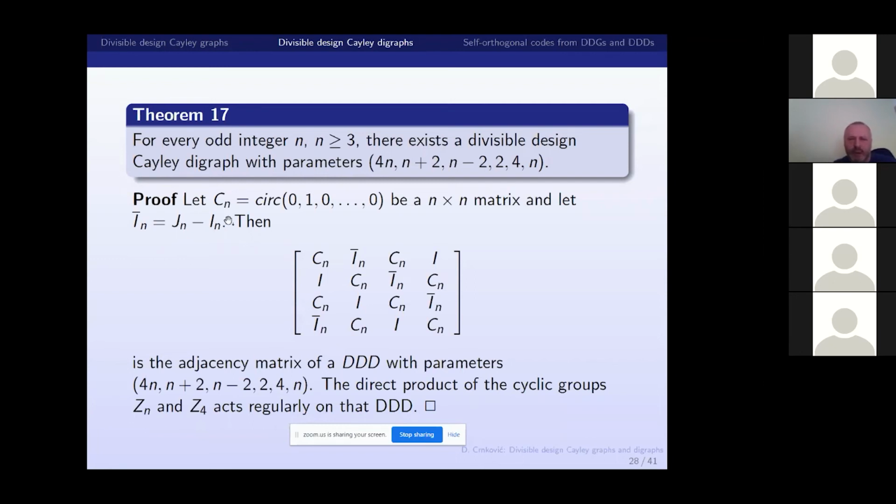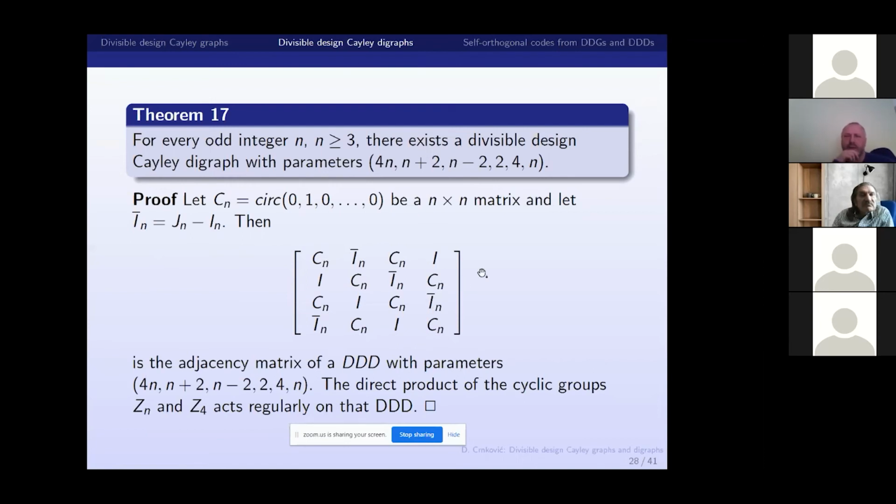So we take a circulant matrix with the first row 0, 1, and all others zeros, so this is an n times n matrix, and we take the complement of that identity matrix, and then produce this 4 times 4 block matrix.